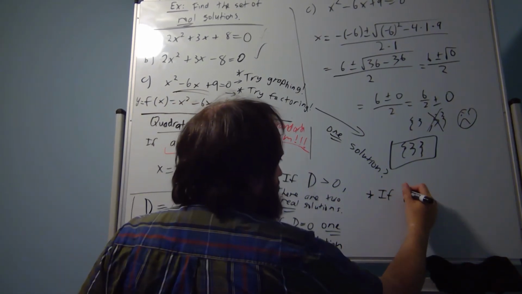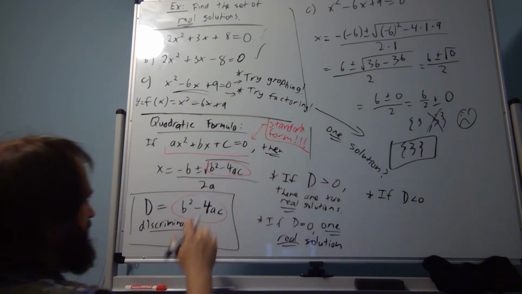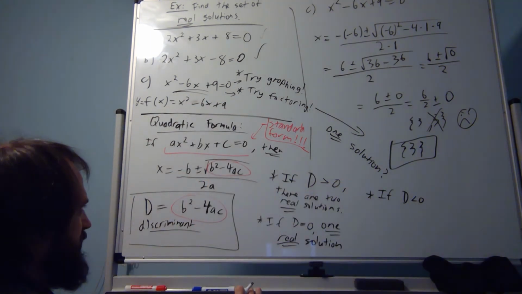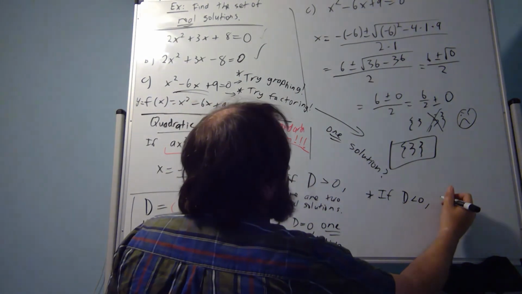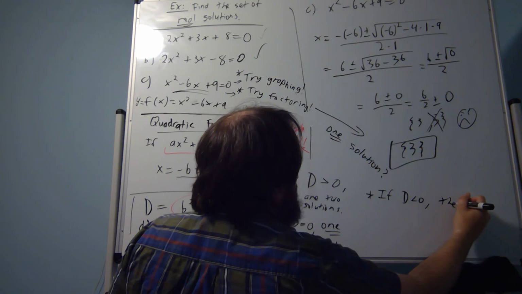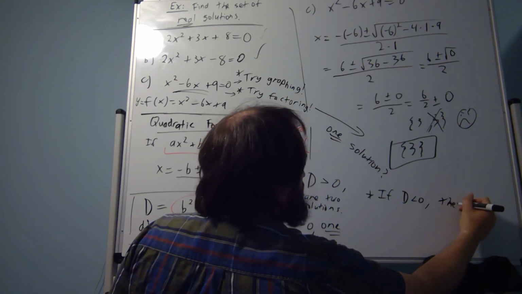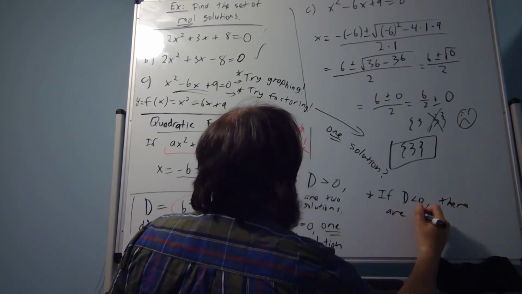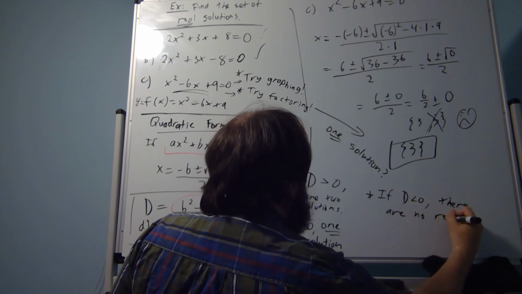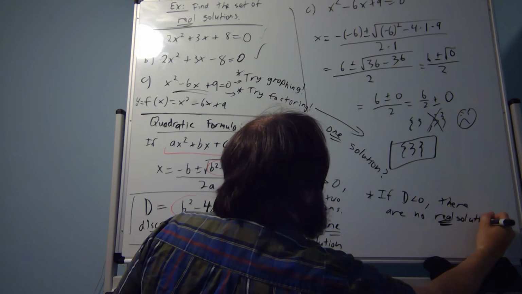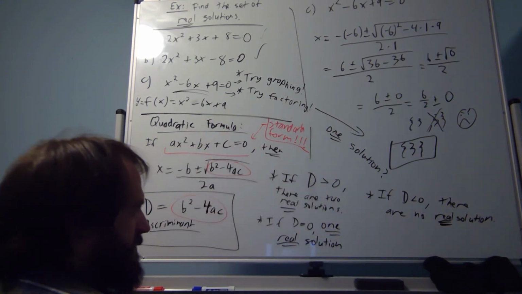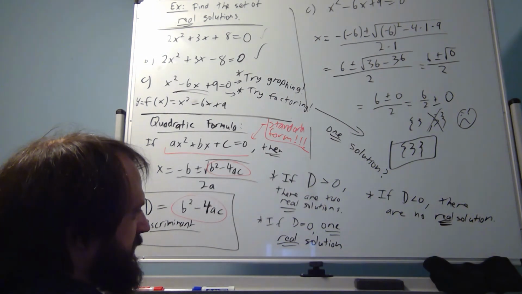solve this one as well. If D is less than 0, what happens? D is the thing you have to take the square root of. If you have to take the square root of a negative number, so just in case you go on to the next math class, that'd be a good thing.